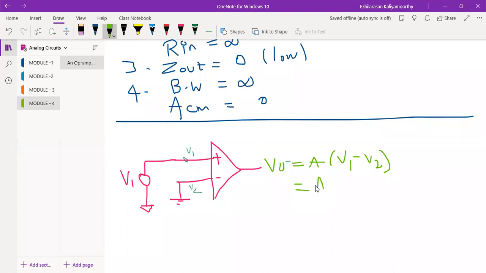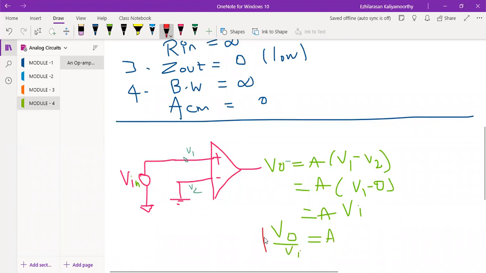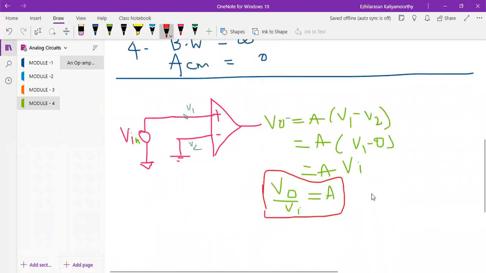A into V1 minus V2, where V2 is 0, so the output will be A into V1. Instead of V1, I will say this is Vi. So this is V naught, this is Vi. Simply, the gain is V naught by Vi. From this, we can summarize that the gain of the operational amplifier is the ratio of the output voltage to the input voltage.